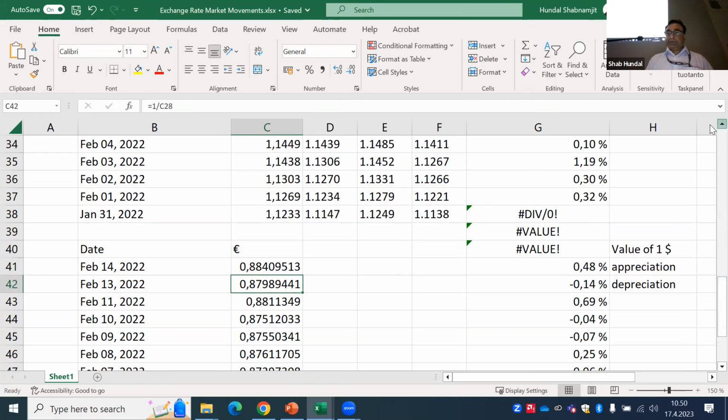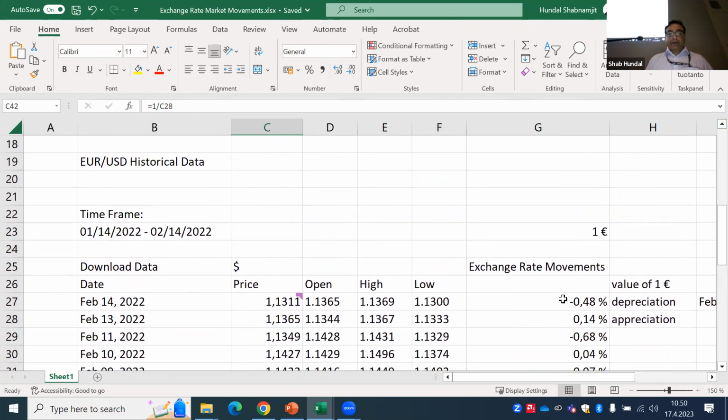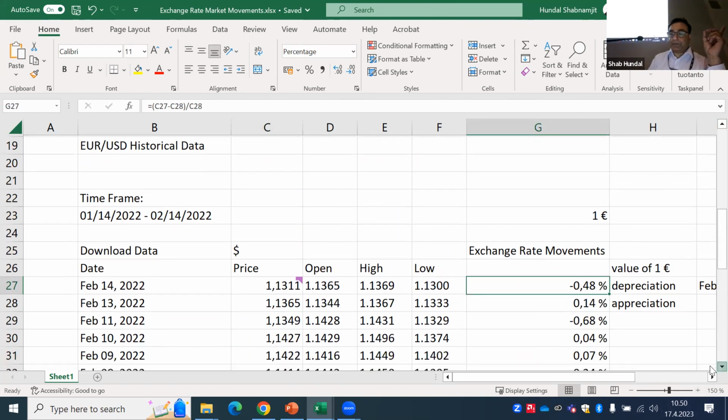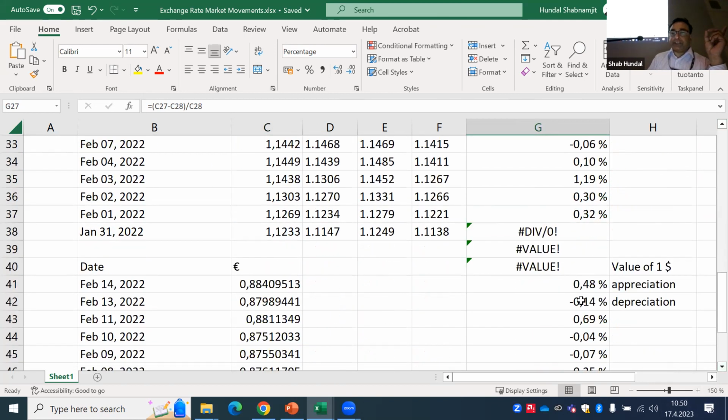And guess what? On February 14, euro depreciated. And look here. On February 14, dollar appreciated by the same amount. Can you see it? When it was in American dollars, it was minus 0.48. But now the numbers are the same, but the signs are reversed.